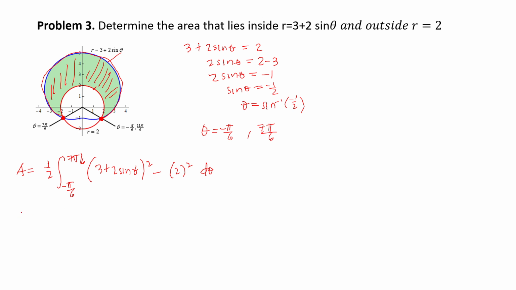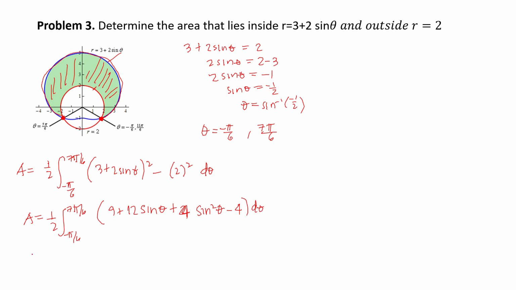So we are going to simplify. Area is equal to 1/2 integral from negative pi over 6 to 7 pi over 6 of 9 plus 3 times 2, 6, 12 sine theta plus 4 sine squared theta minus 4 d theta.